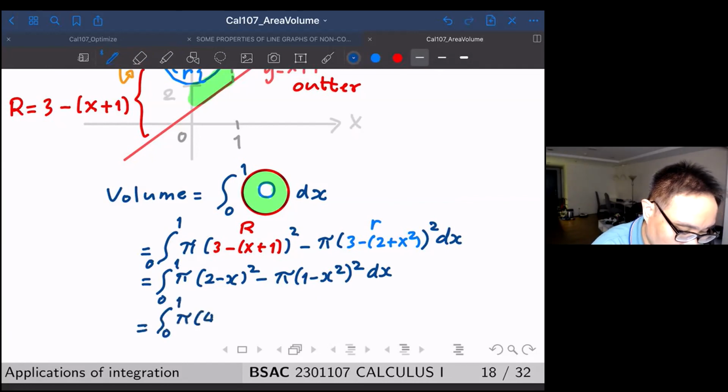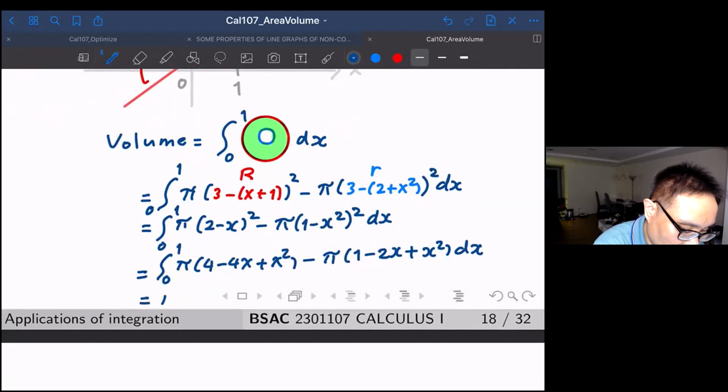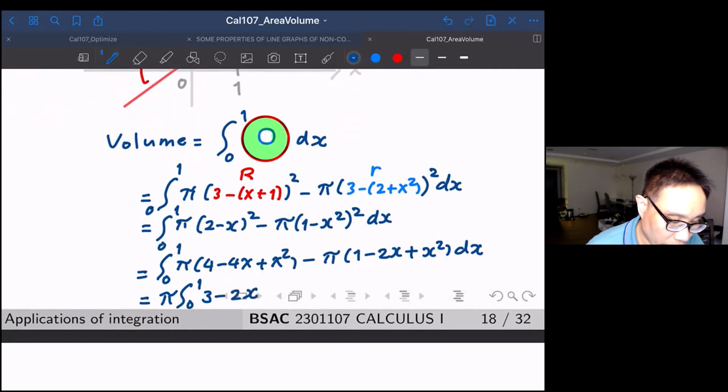So pi times (4 minus 4x plus x squared) minus pi times (1 minus 2x plus x to the fourth) dx.